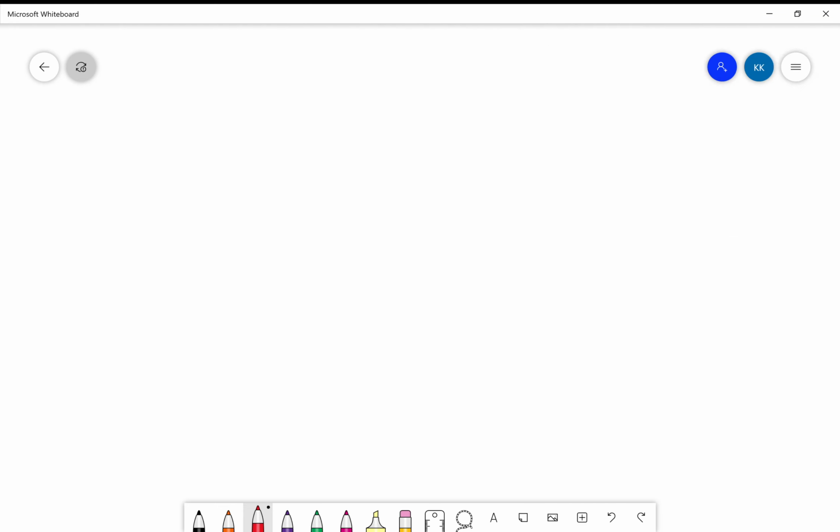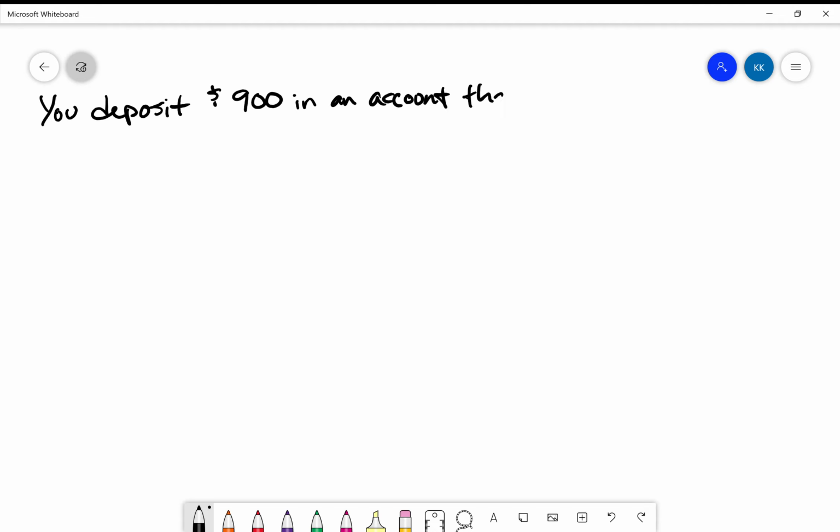Let's take a look at a practice problem now. Okay, you deposit, let's say we deposit $900 in an account that offers 1.2% interest.